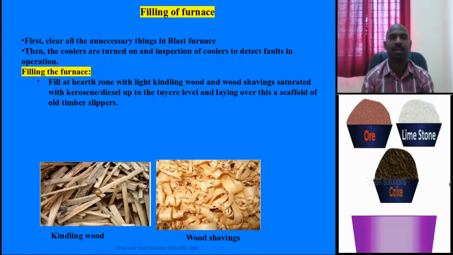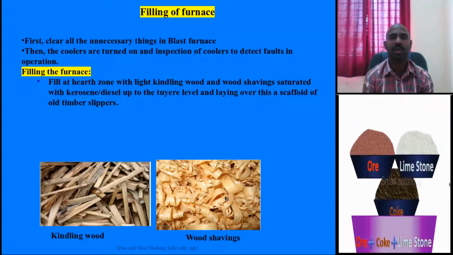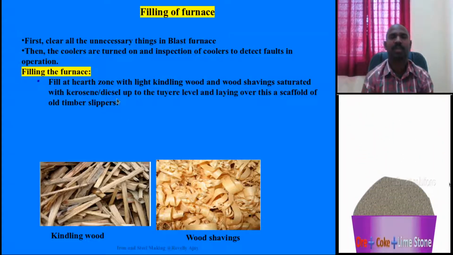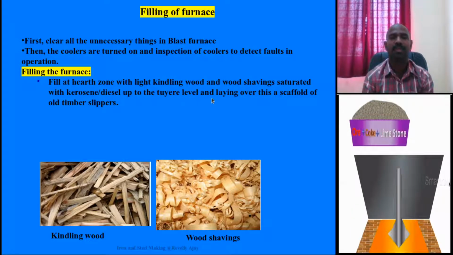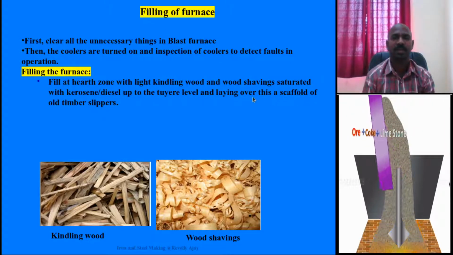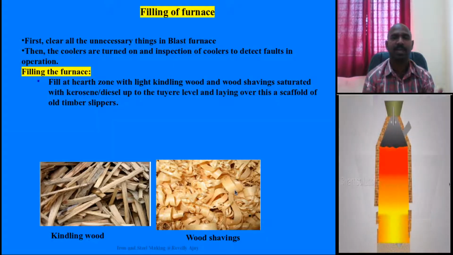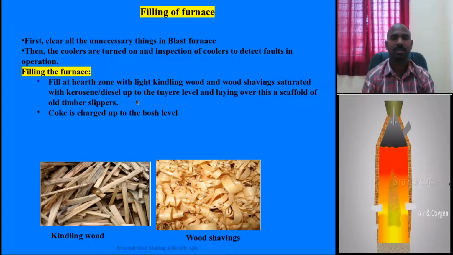These are the kindling wood strips and wood shavings, adding some amount of kerosene or diesel up to the tuyeres level. You need to fill, and over this are the scaffolds which are grouped together. You will add some timber sleepers also, which are made up of wood only, and then over this layer you will fill with the coke. This is the standard sequence of filling the blast furnace for pig iron production.